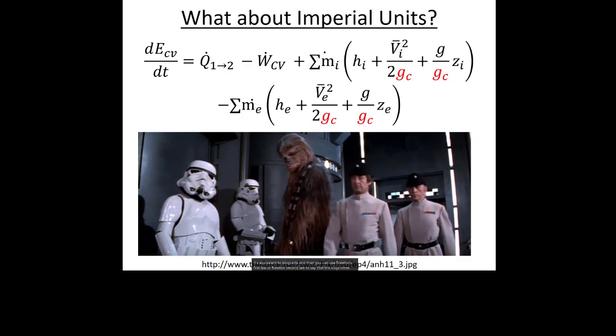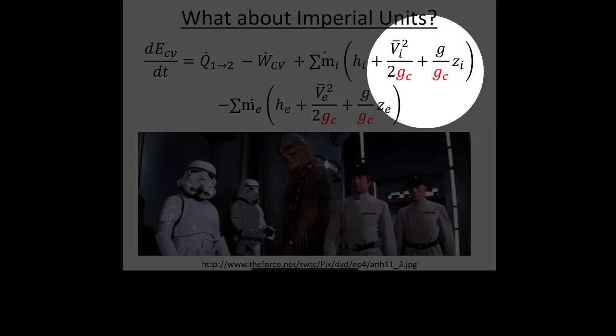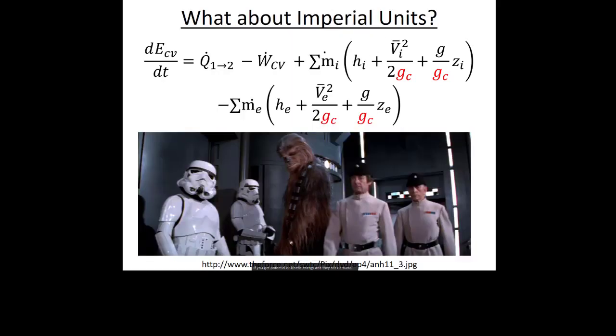But if you're talking about mass in terms of pounds mass, like we usually do, then not only do you have to worry about unit conversion here, if you get potential or kinetic energy and they stick around, you have to divide by GC, right? This is kind of a funny thing.